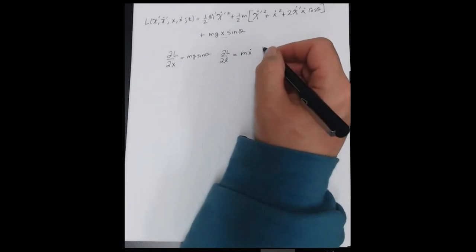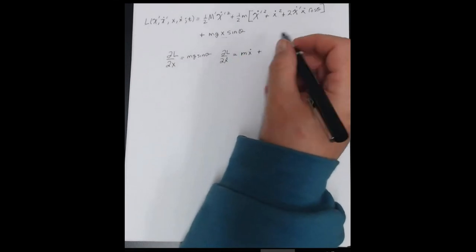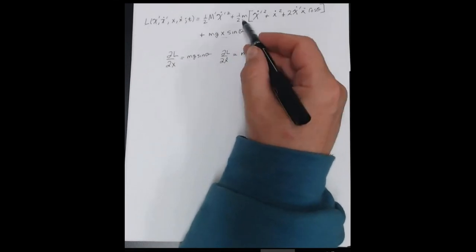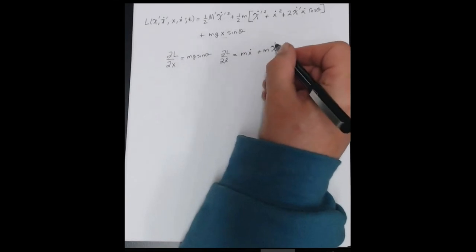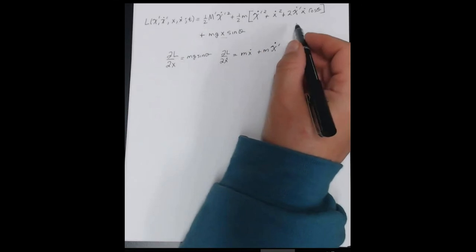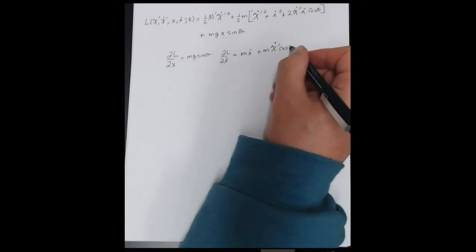plus, that 2 will cancel out that 2, I'll have an m here, I'll have a big X dot and cosine of theta.